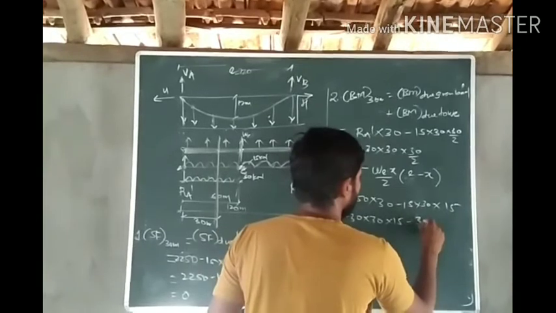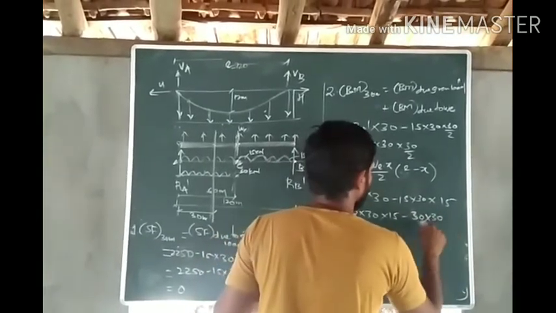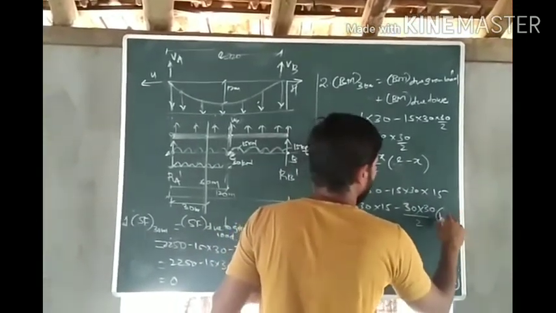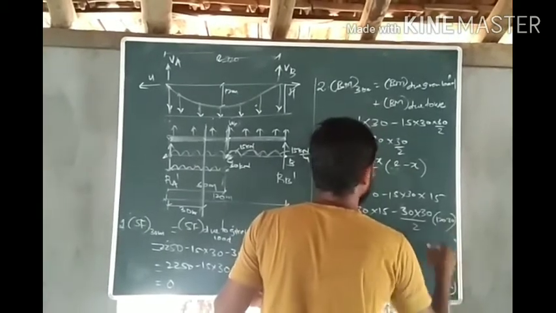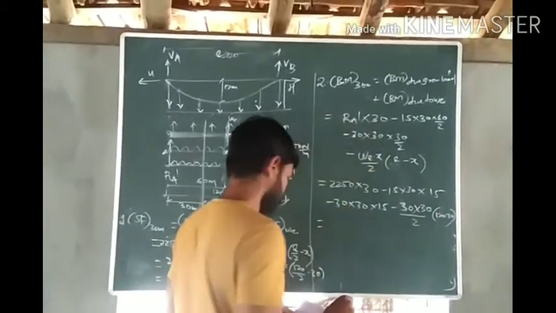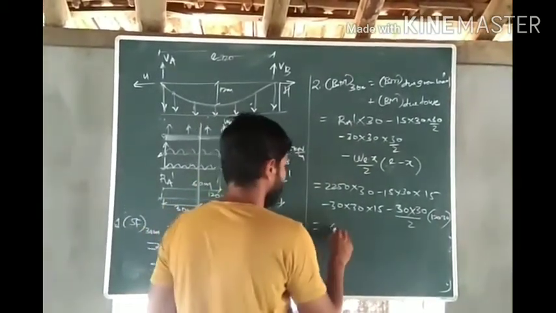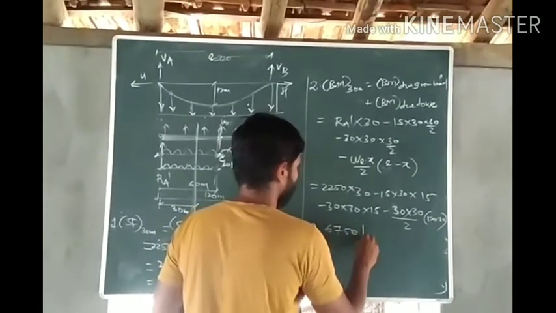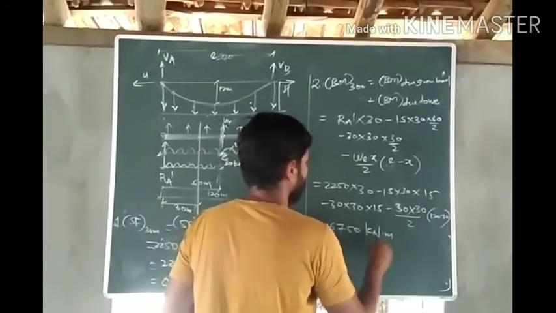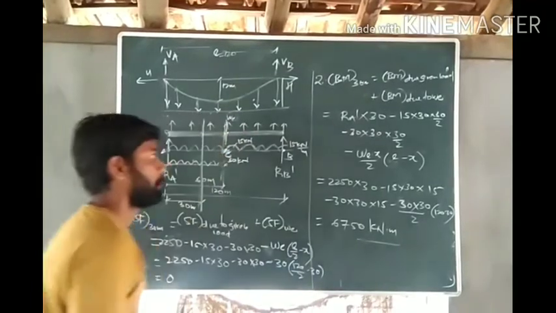W is 30, X is also 30, divided by 2, 120 minus 30, bracket complete. So bending moment at 30 meter is equal to 6750 kilonewton meter.